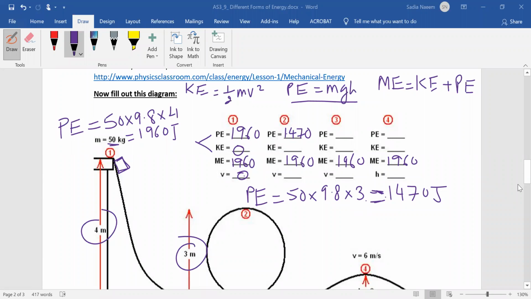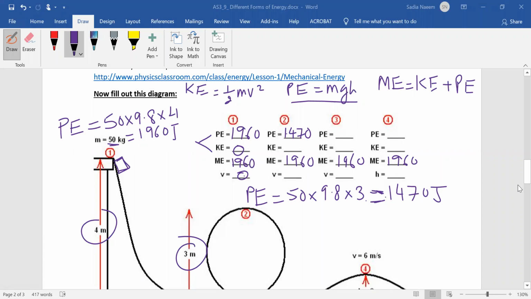All right, let's discuss it together. The total energy is 1,960. Out of that, potential energy this time is 1,470. At position one, all that total energy was potential energy, but now only 1,470 is potential. What happened to the rest? Energy cannot be destroyed, so it transformed into KE.